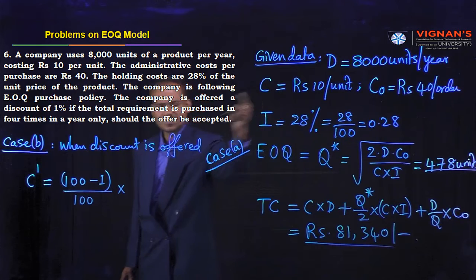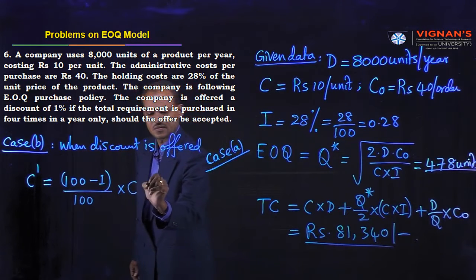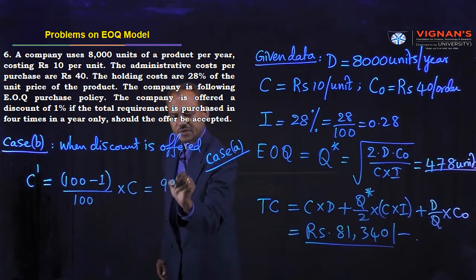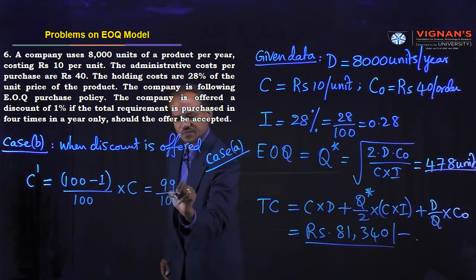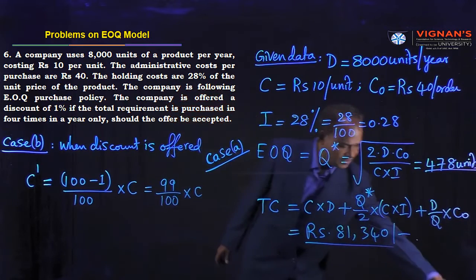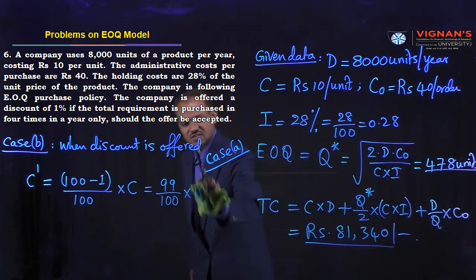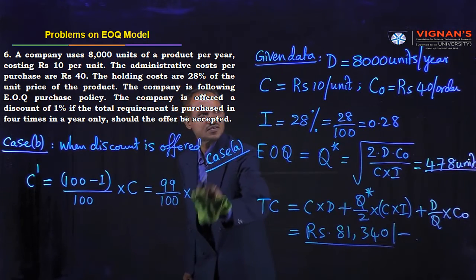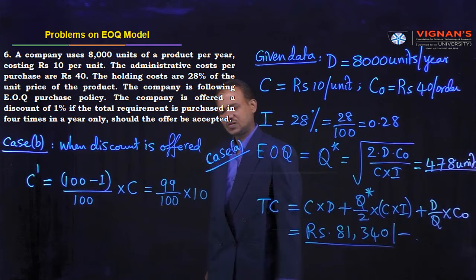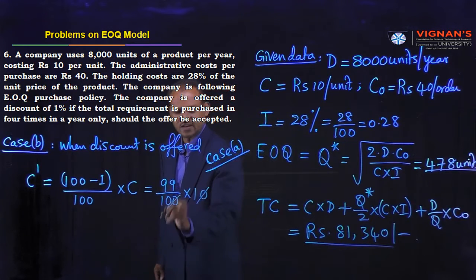Original cost is equal to actual cost, C. Therefore 99 by 100 into C. We already know that the C value is given as 10 rupees. Zeros cancel.